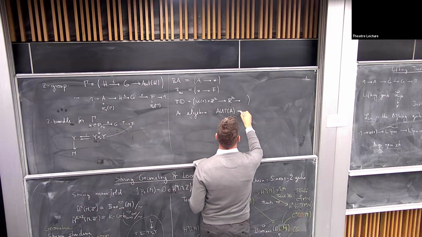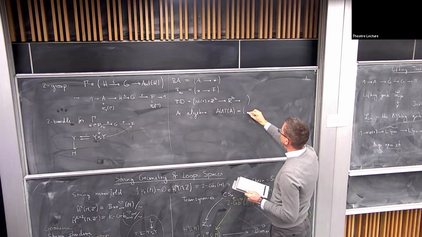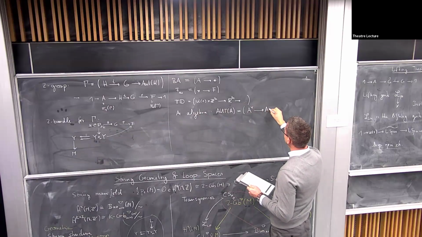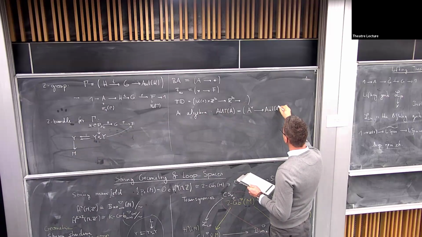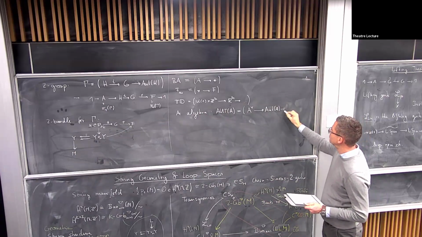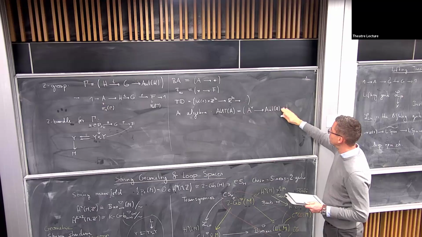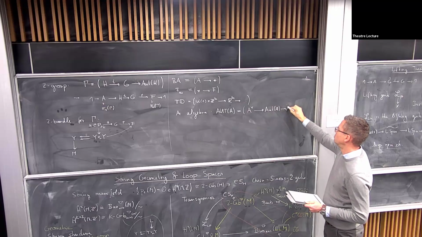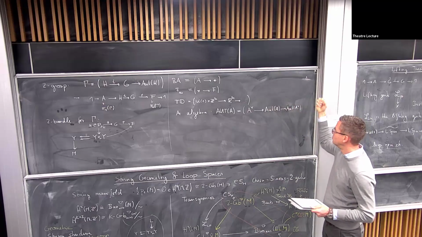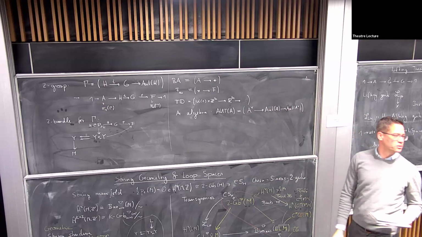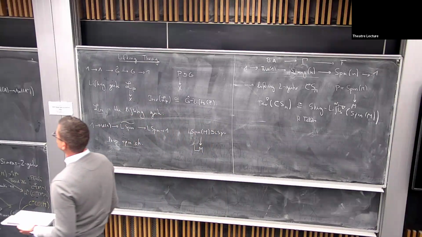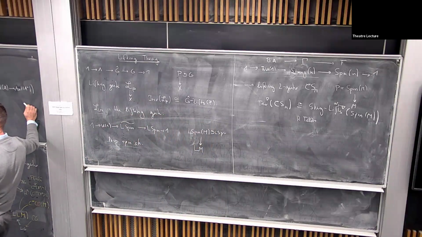The crossed module is: take the units of A and send them as inner automorphisms to the automorphisms of the algebra, and the automorphisms of the algebra act, or restrict, to automorphisms of the units. So that's a crossed module. Check the axioms. So to every algebra there is an associated crossed module that's going to be relevant.